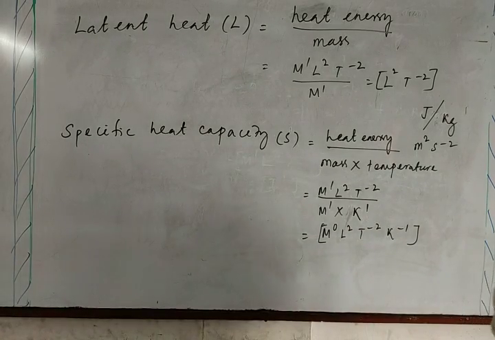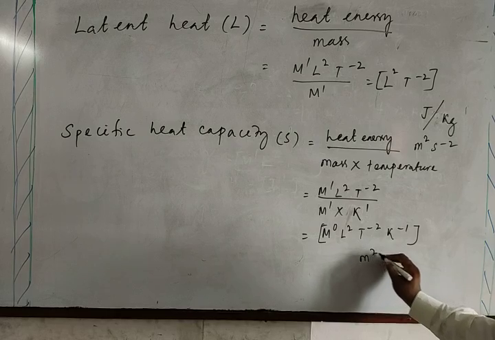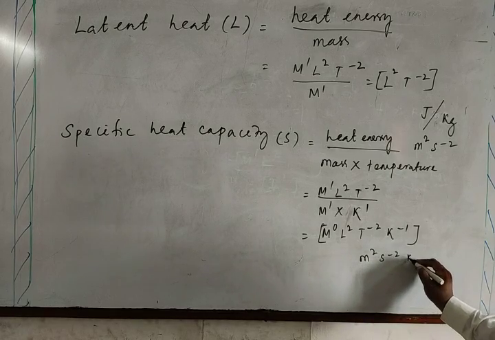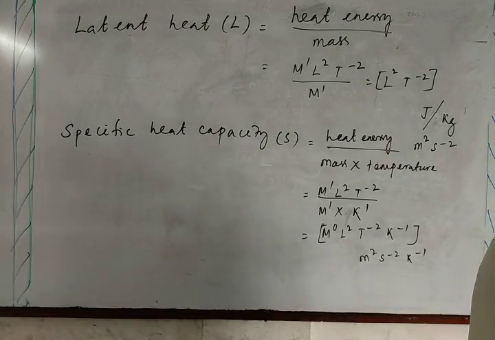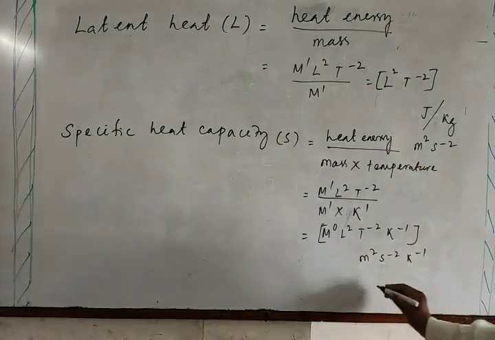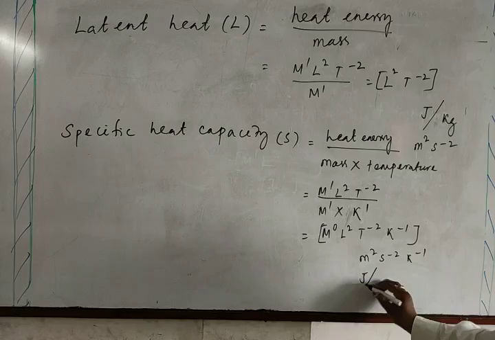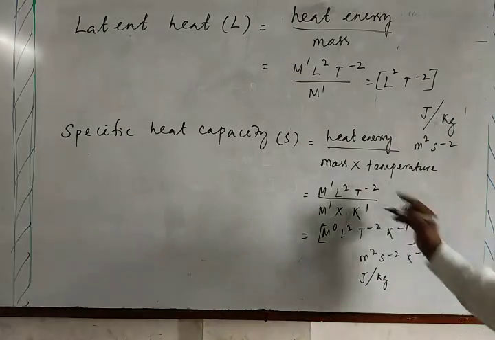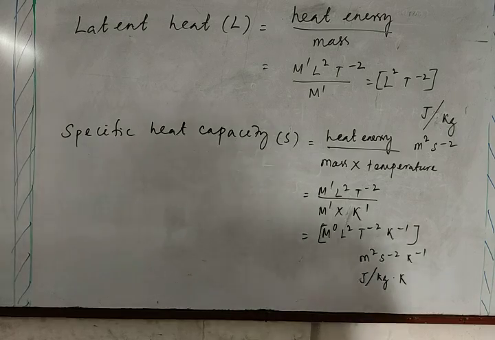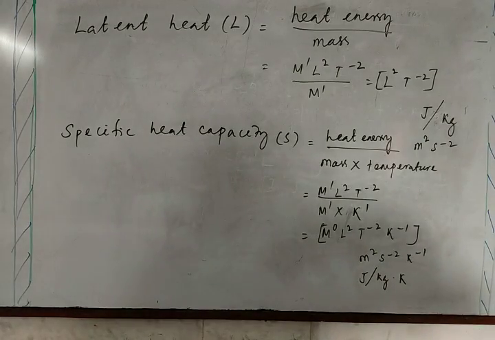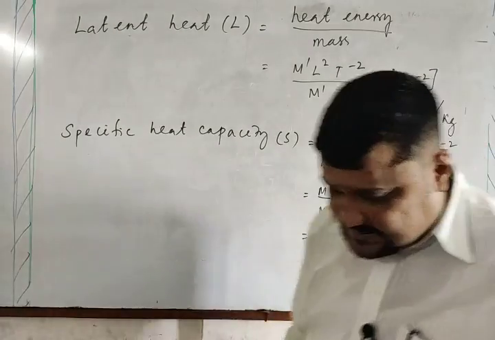The units are meter square second minus 2 Kelvin minus 1, or joule per kg, with temperature in Kelvin, joule per kg Kelvin. So this is the specific heat capacity.